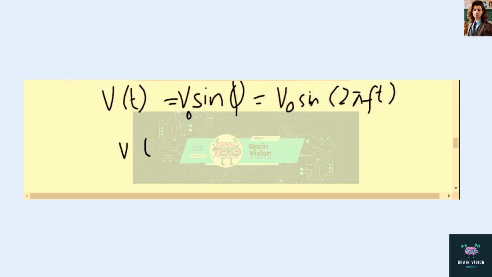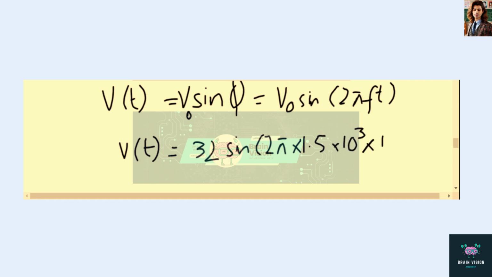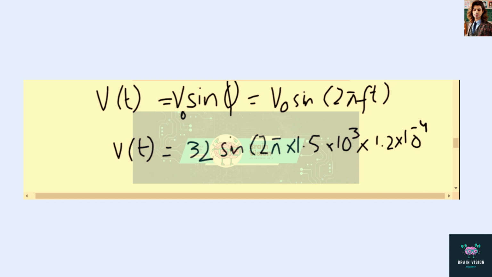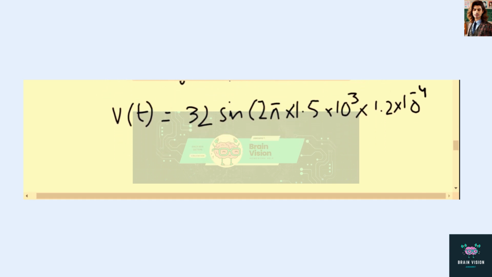Substitute the values, that is 320 sine of 2 pi times 1.5 into 10 raised to power 3 times 1.2 into 10 raised to power minus 4. So we get that the net voltage across inductor and capacitor is equal to 3.3 into 10 raised to power minus 3 volt.